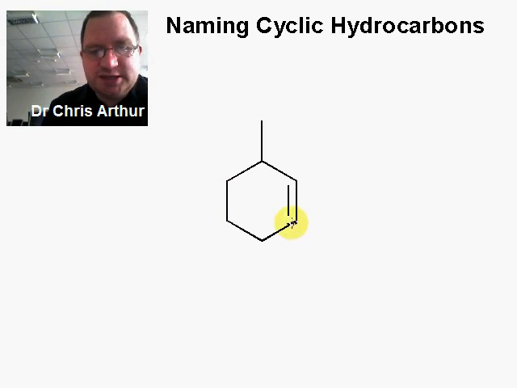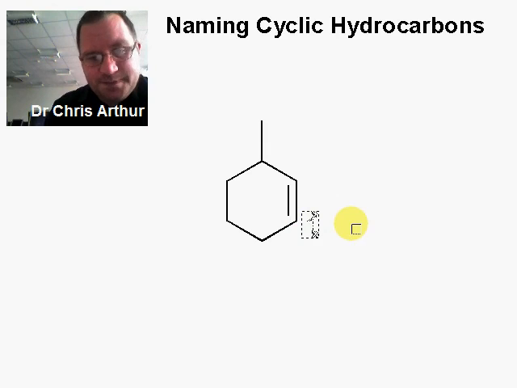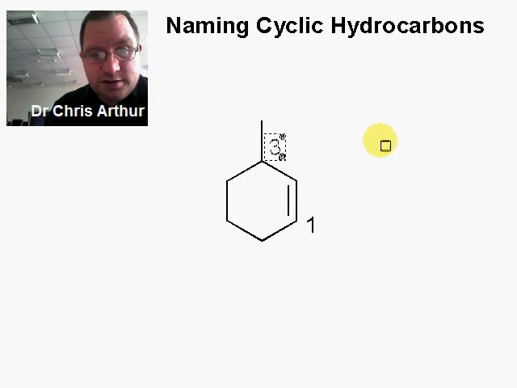So in this case, we are going to number this, and we've got an alkene here. So the double bond we position at position 1. Now it's going to be 1, 2, 3. Again, we're keeping the numbers lowest, so it's position 3.